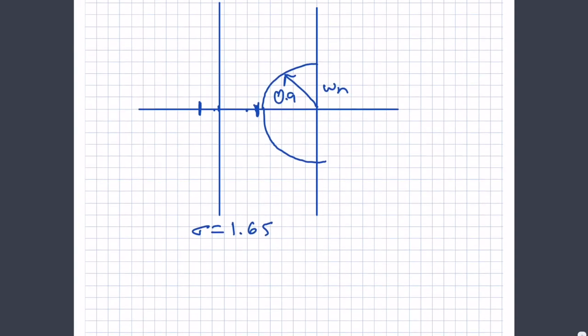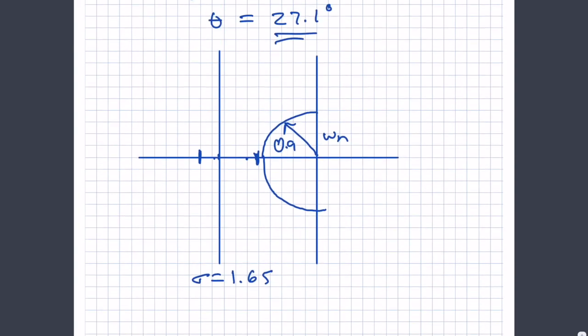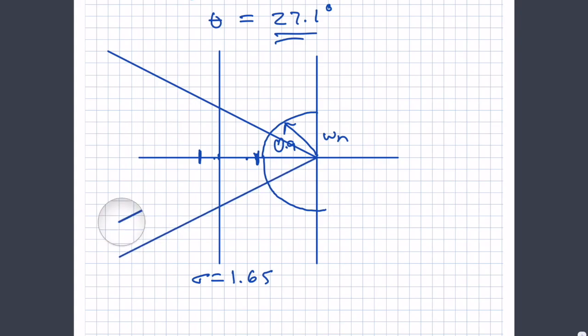Okay, and then finally we sketch in the angle theta. So theta is about 30 degrees, so we would draw it about right here and here. Okay. Well, that's not the right spot. Sorry.